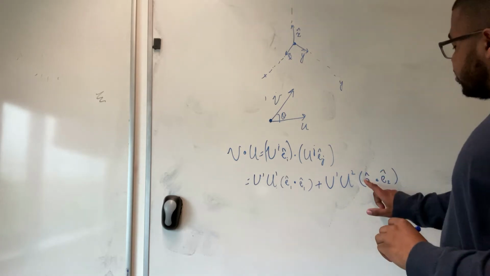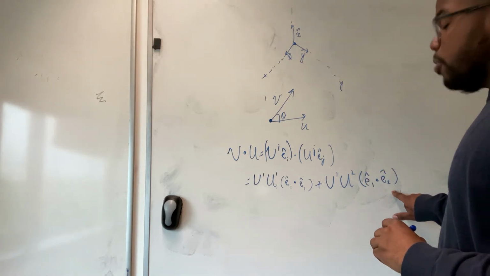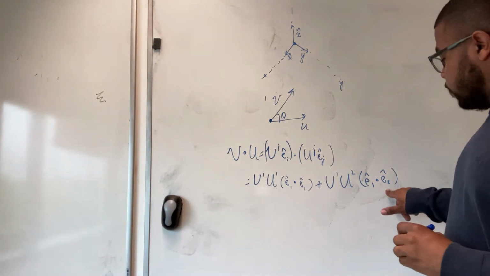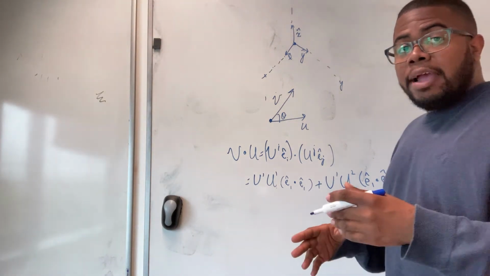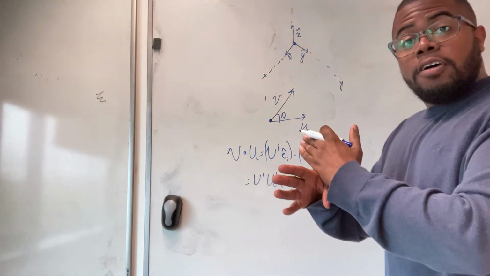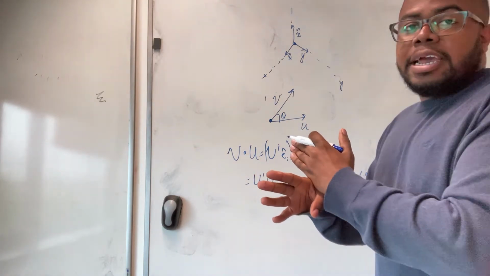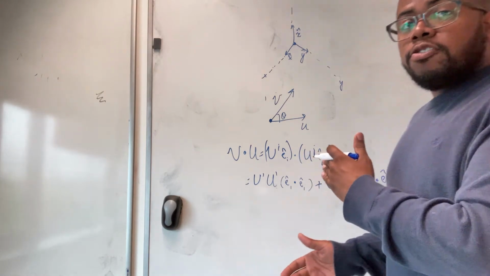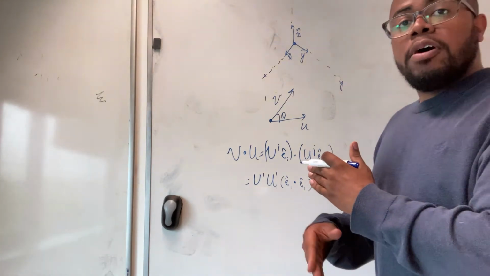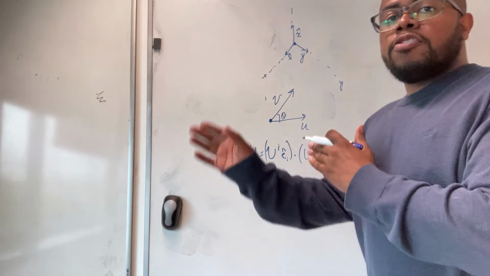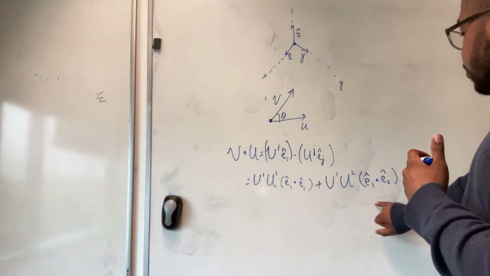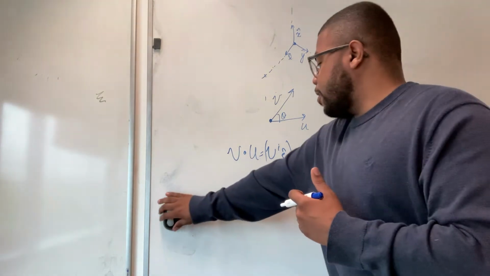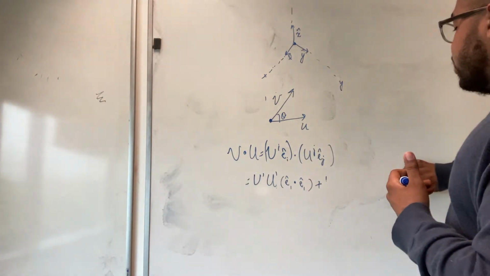And this will not be 1. In essence, this will be zero because even though these two factors are of similar magnitudes, they are orthogonal to each other and they're 90 degrees, and the cosine of 90 degrees is zero. So you will be multiplying 1 times 0. So it becomes zero, and hence this term falls out. And we can just remove that from the expression.